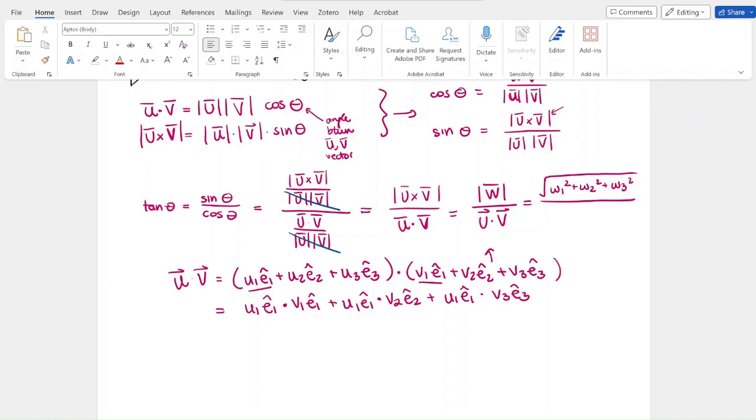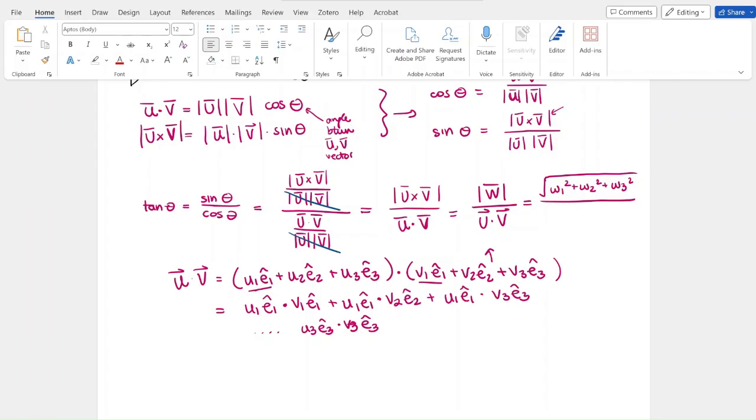So you would basically continue this, distributing all of this forever. I'm just kidding. Until you reach the end, when you have u3 e3 hat dotted with v3 e3 hat. But the fast way to do a dot product is that e1 dot e2 is equal to 0, e1 dot e3 is equal to 0, and e2 dot e3 is equal to 0, because they're orthogonal.